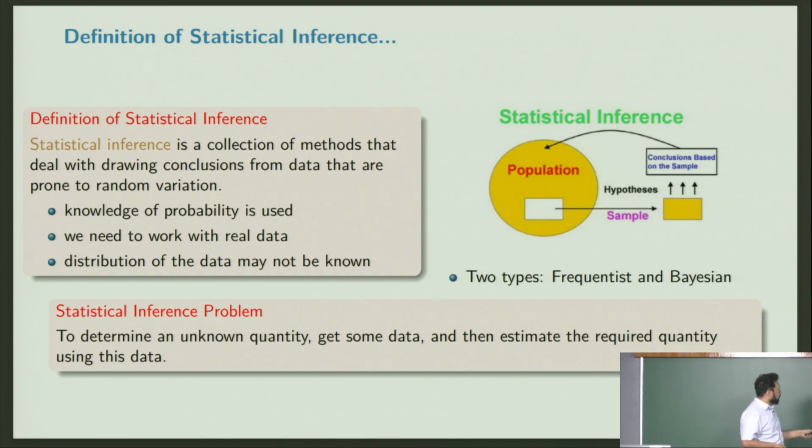The statistical inference problem is to determine an unknown quantity: to get some data and then estimate the required quantity using the data. So statistical inference means that someone is asking you to estimate something, and you as a statistician will go out, collect the samples, and then do something on the samples and give an estimate of what is required.